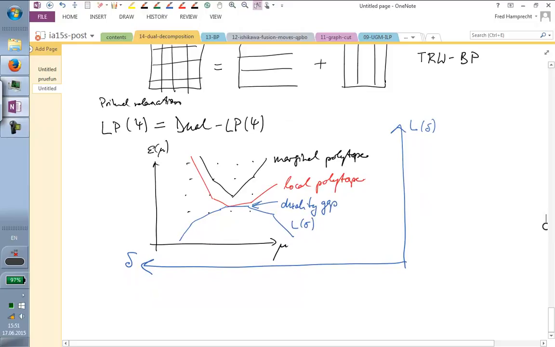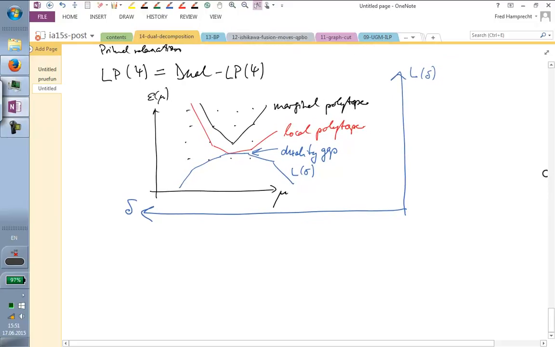And in cases where this duality gap is non-zero, people try to shrink the duality gap in an iterative fashion by introducing new random variables, so by adding further Lagrange multipliers.